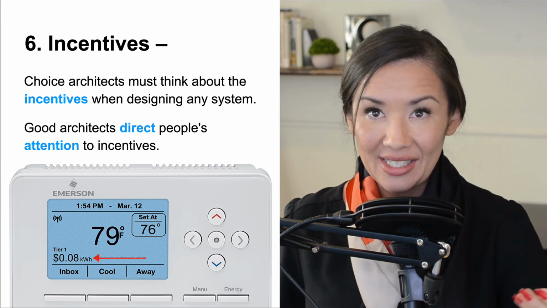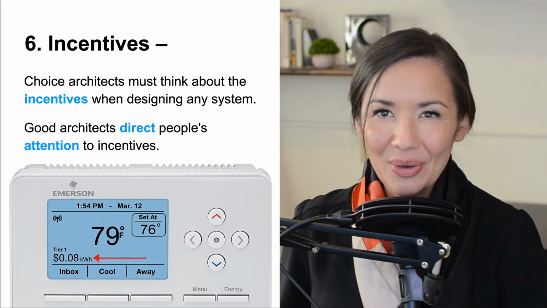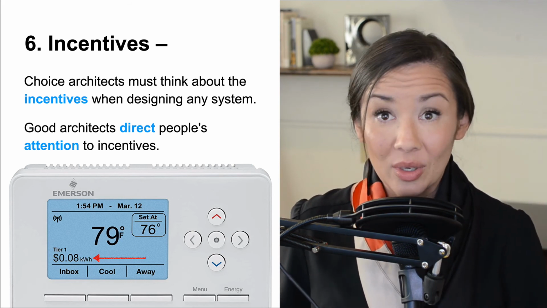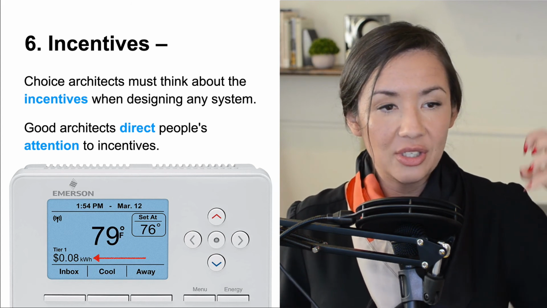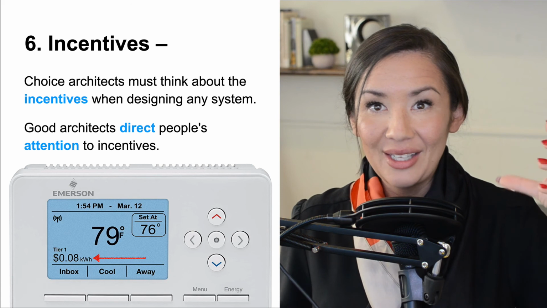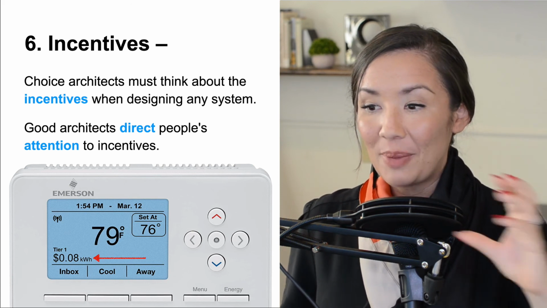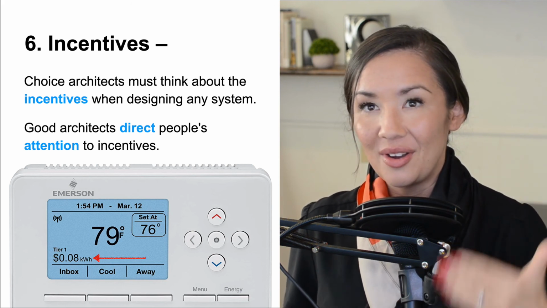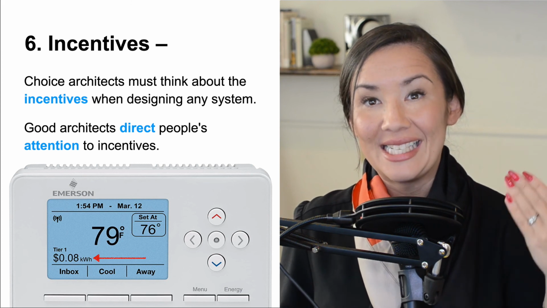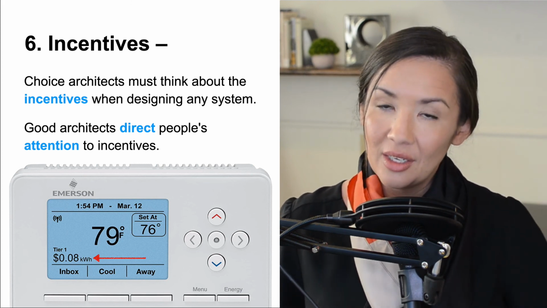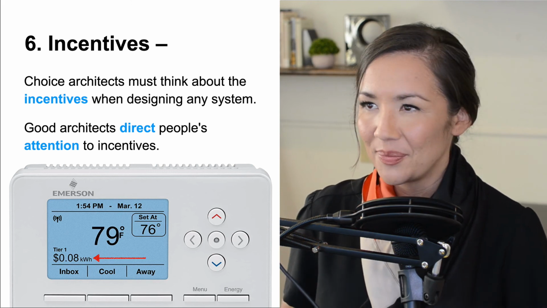If you have an incentive to decrease your energy use, but it doesn't tell you directly on the thermostat, you have to go to an app or a website, whatever, there's a level of removal and you can't change your actions now and see immediately the results of it on the thermostat. So pairing those two, having your energy use on your thermostat, makes it so much easier for you to understand the incentives of doing things like running your dishwasher less or turning off lights, that type of thing.